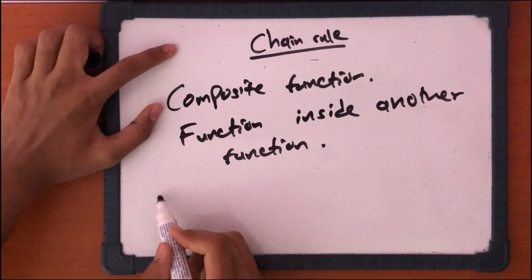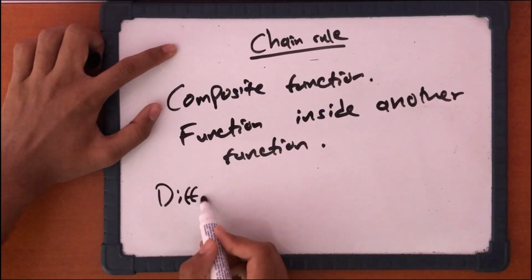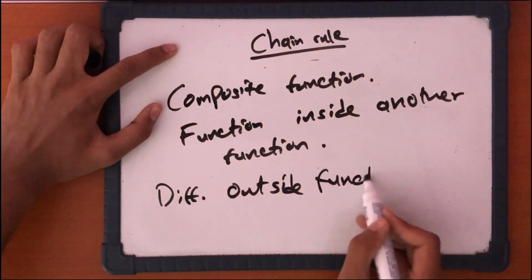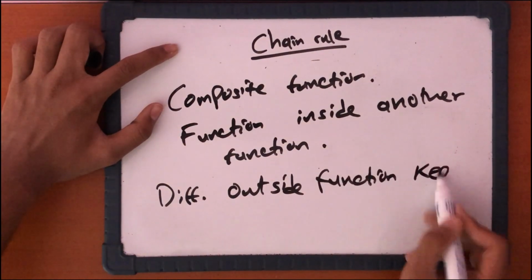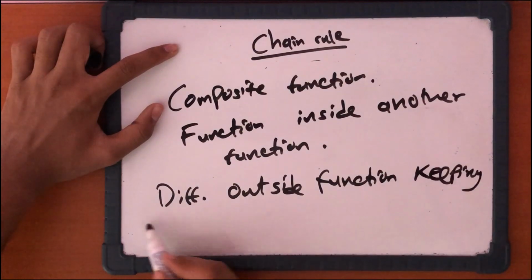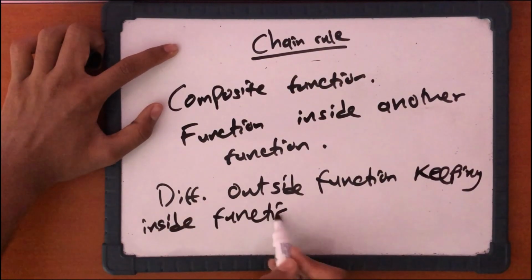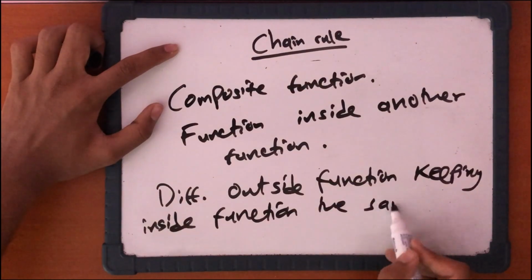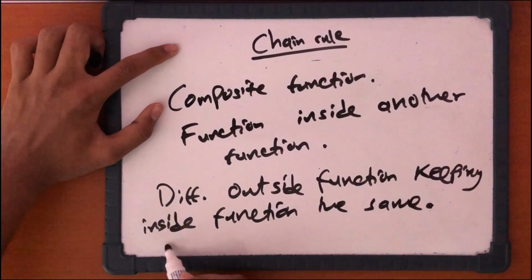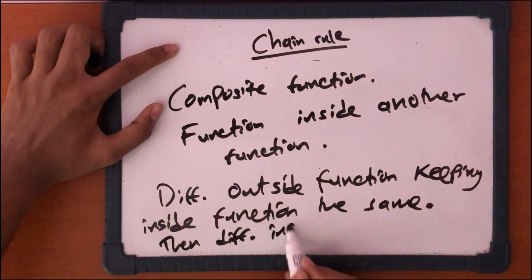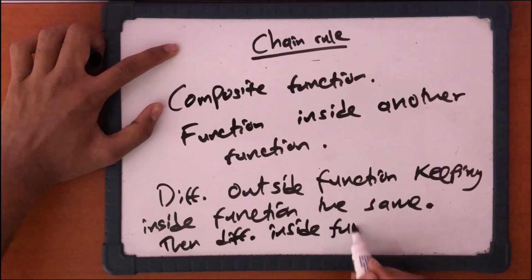So first differentiate the outside function, keeping the inside function the same, and then differentiate the inside function and multiply.